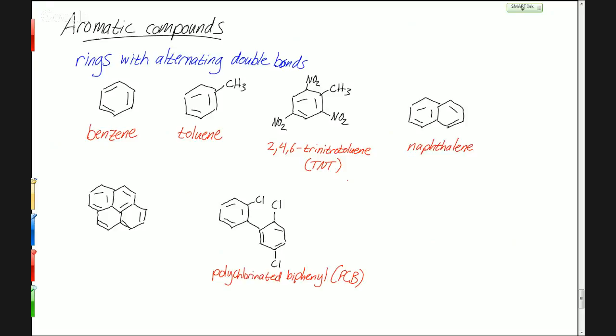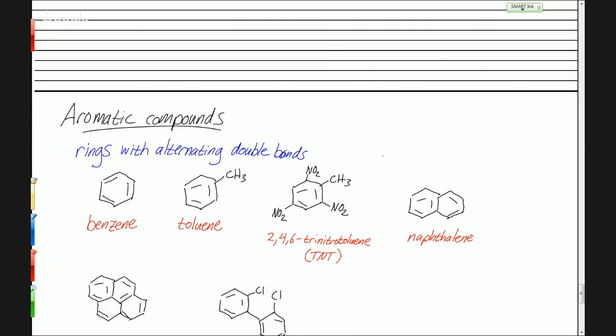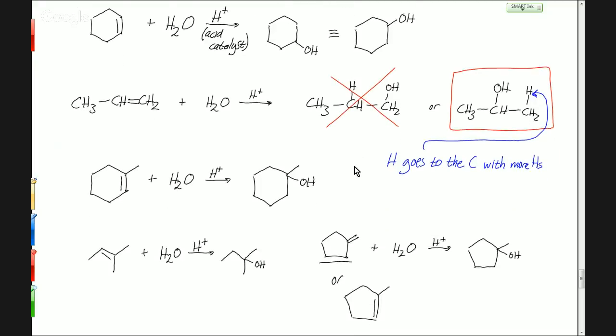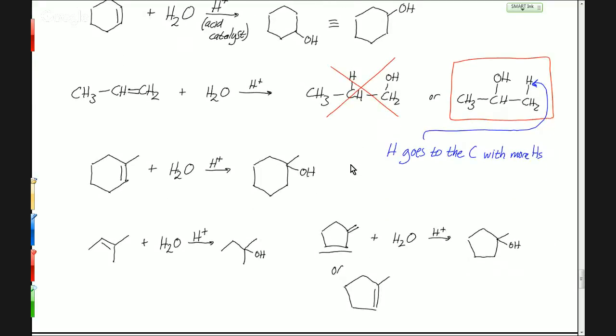I'm sorry, I have a question. So for the hydration, you were saying how the hydrogen is attracted to more hydrogens. Right, the hydrogen goes to the one with more hydrogens on it. The OH goes to the one with more carbons. Sorry, did I just confuse you more?